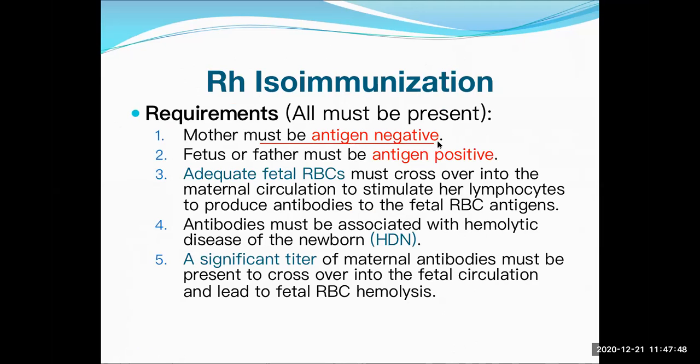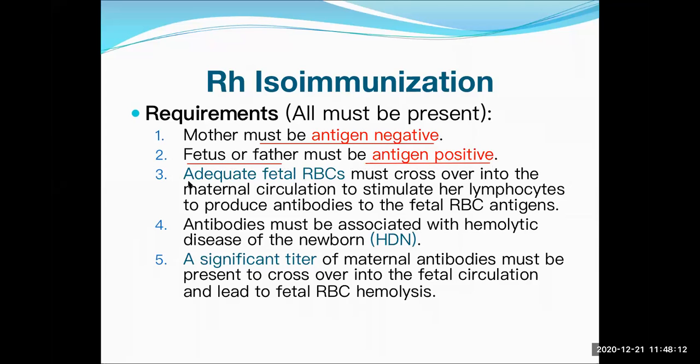She must be Rh negative, otherwise this condition will never occur. That is the first important requirement. Second, the fetus or father must be antigen positive. Another important point: if they are also Rh negative, then nothing will happen. There is no reaction at all.